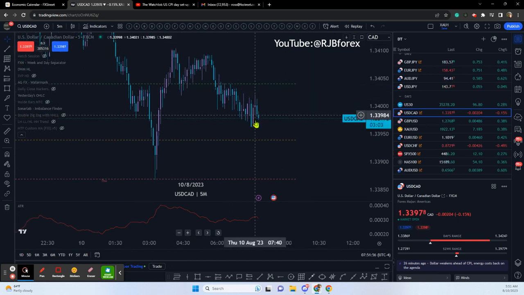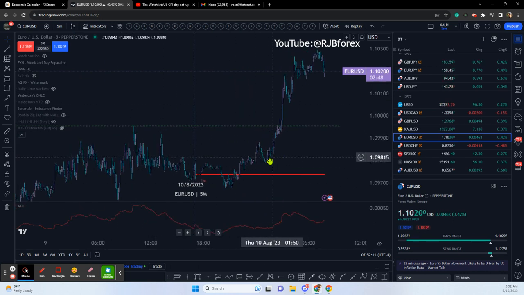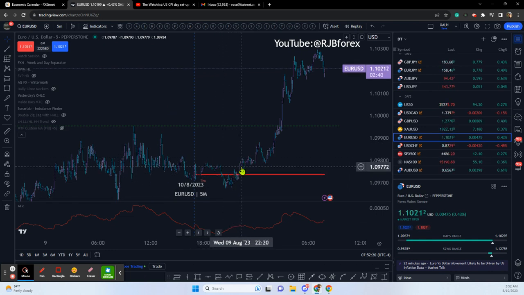So we had that momentum candle on dollar CAD. Popped right up. A sensible stop would be higher up, but anyway. So euro dollar gave us the trade in London, even in late: 1, 2, 3, break of structure, pull back.